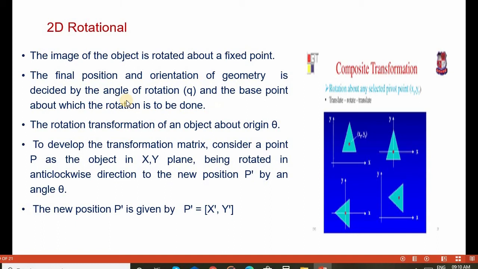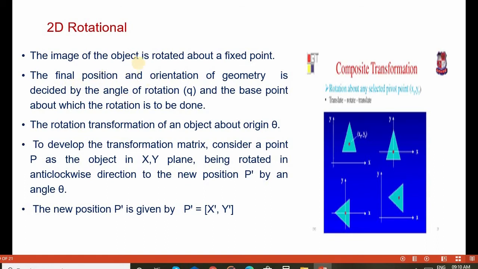How much angle we have specified, based on that angle of rotation, the rotation of the image will take place.